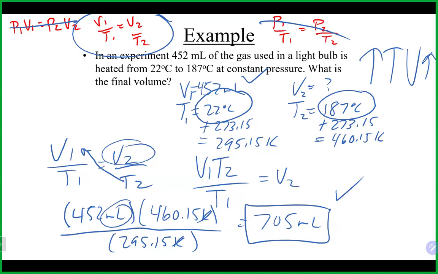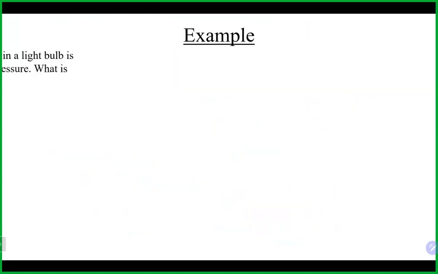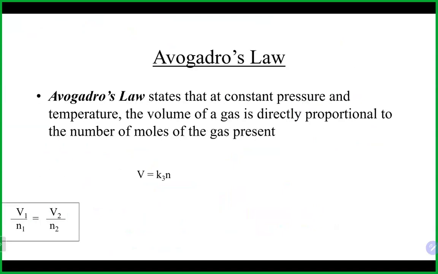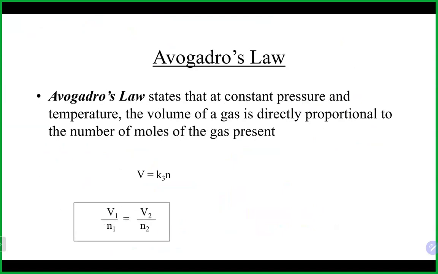Okay, continuing on then. Our good friend Avogadro is next. He had a number, but he also has a gas law, right? So we do have Avogadro's law here. When we think about our friend Avogadro, we hopefully think about a mole. So it's no surprise that his gas law actually involves moles.